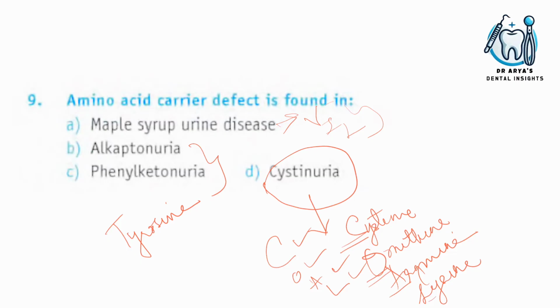Alkaptonuria is due to the defect in the enzyme homogentisate oxidase, and the urine of alkaptonuric patients resembles coke in color. So these are maple syrup urine disease, alkaptonuria, phenylketonuria, and cystinuria. The amino acid carrier defect is seen in cystinuria, for the reabsorption of cysteine, ornithine, arginine, and lysine.